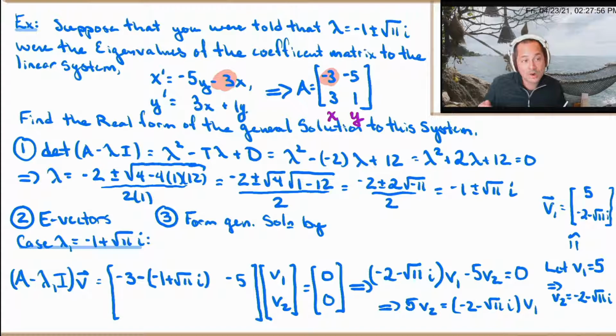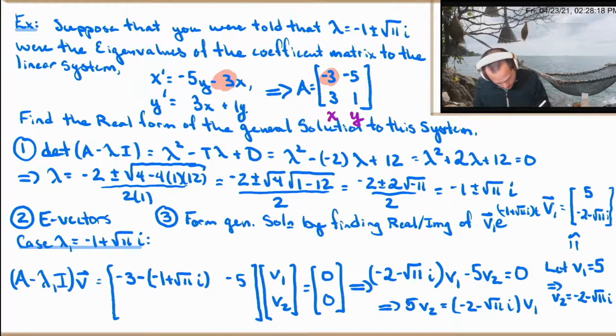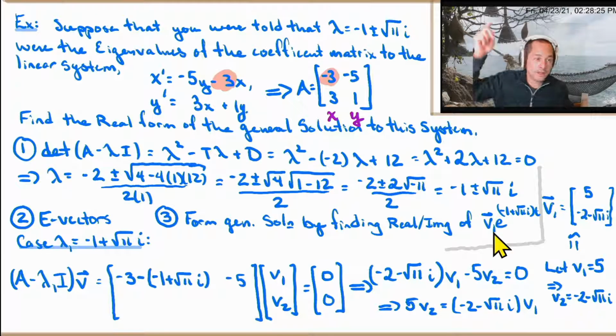We're going to find the real and imaginary parts of v1 e to the negative 1 plus the square root of 11i t. But what do you know? In the example that we just did above, we found the real and imaginary components of exactly this vector.